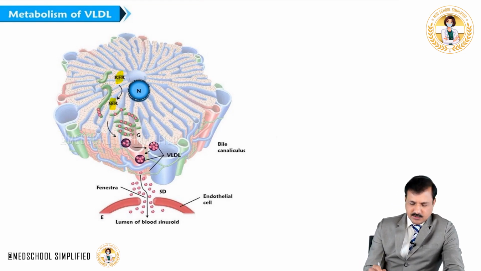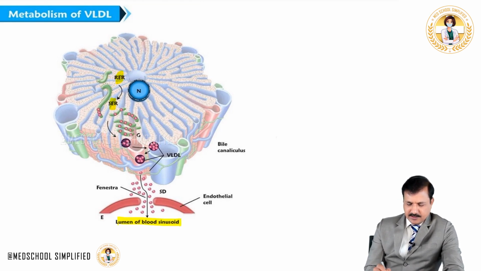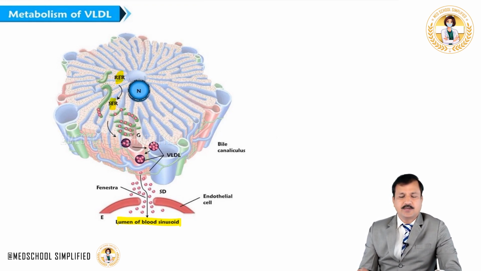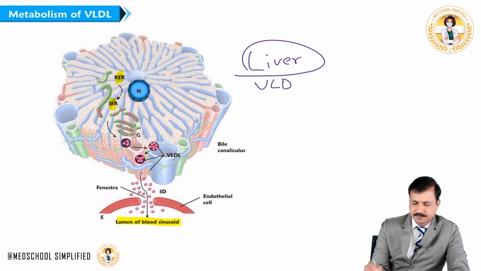VLDL is secreted into the space of Disse, and from there it will enter into systemic circulation. This is how secretion of VLDL happens in the liver. Remember that the liver is the one that synthesizes VLDL.